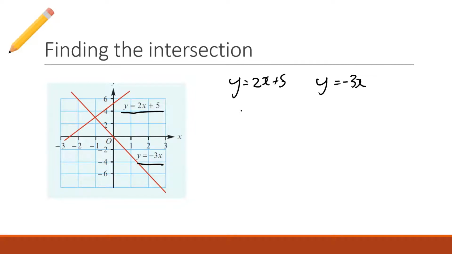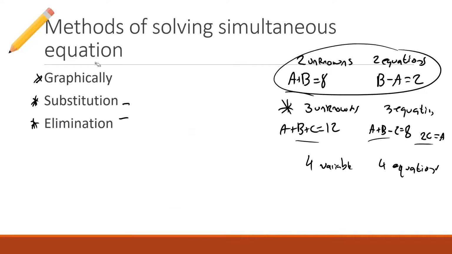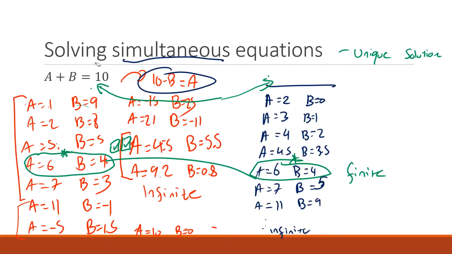Now, when you have two simultaneous equations and you plot both of those equations, what you're doing is actually the exact same thing we did here. You are writing down every single solution.